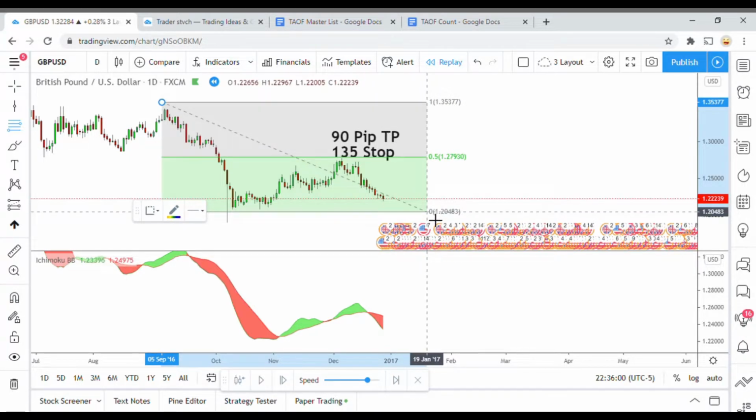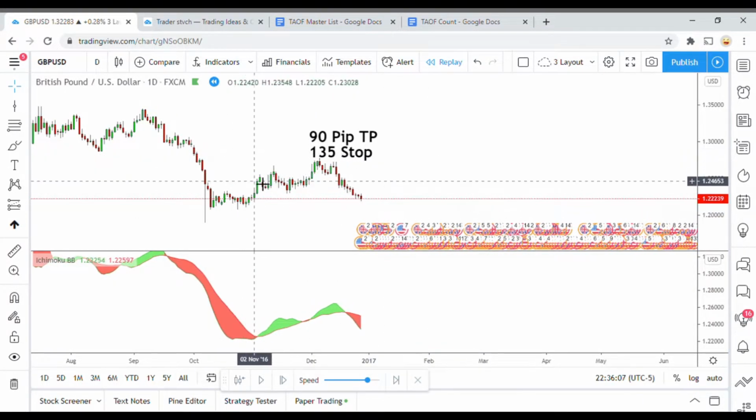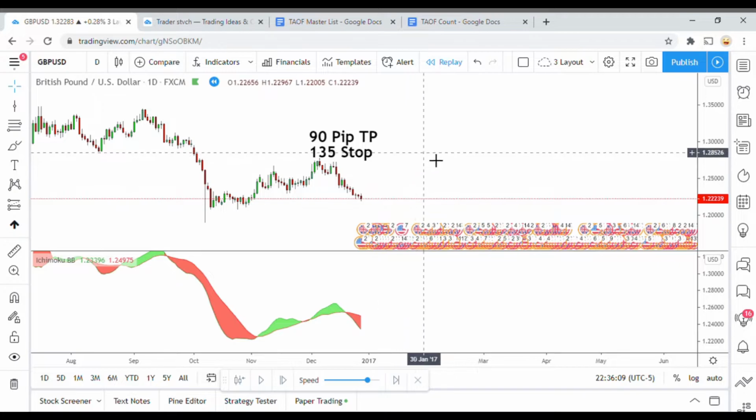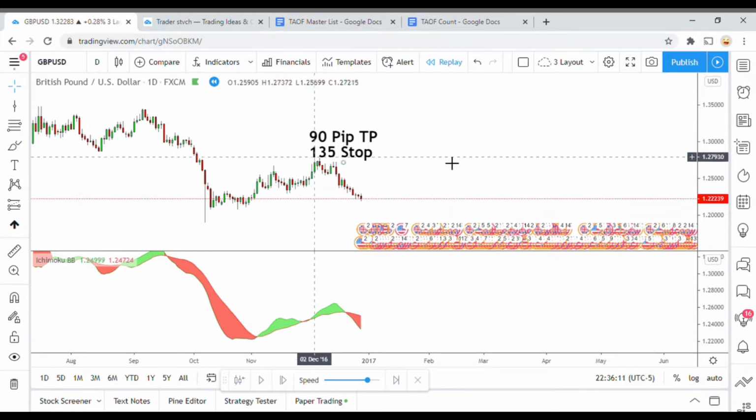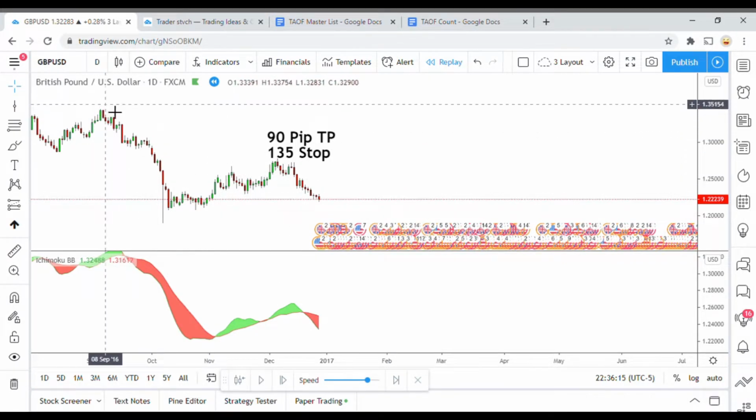It's always handy to have an idea of where support and resistance is, and a good way of doing that is to use the Fibonacci levels.